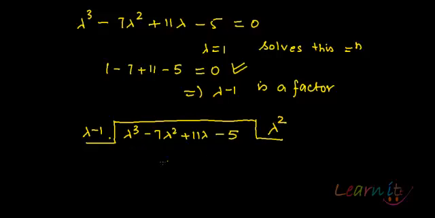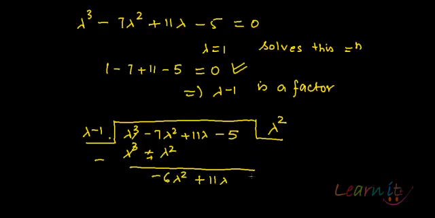So lambda square, when I multiply with lambda square, I'll have a lambda cube here minus lambda square. So I subtract it, lambda cube gets cancelled, and I have remaining minus 6 lambda square and plus 11 lambda minus 5 comes down from here.